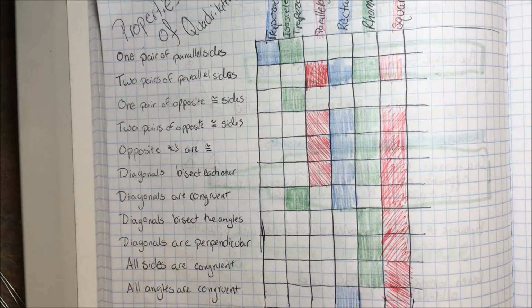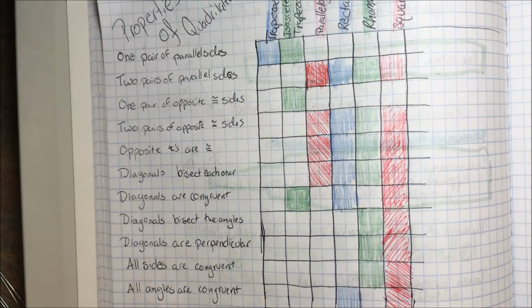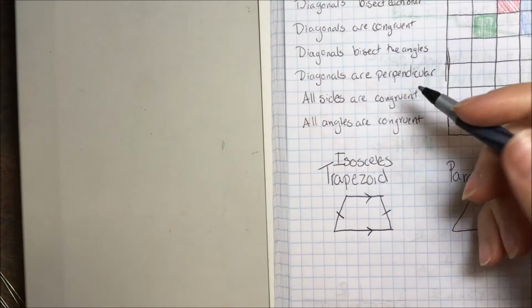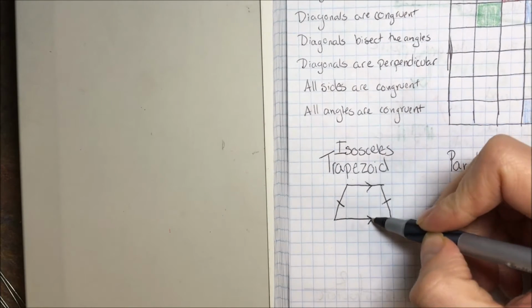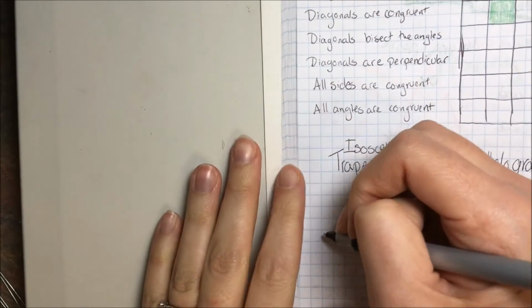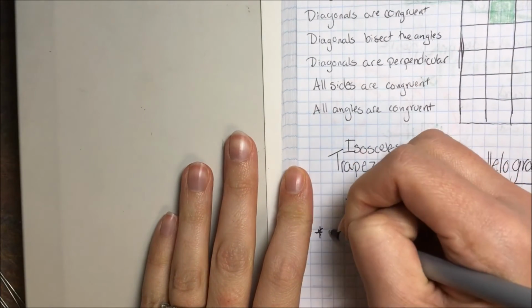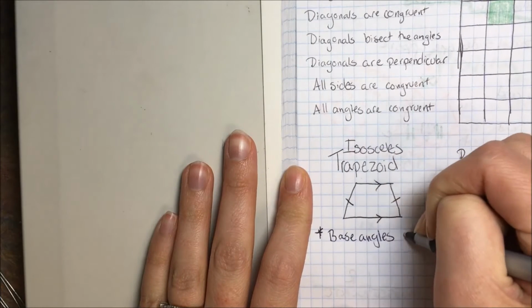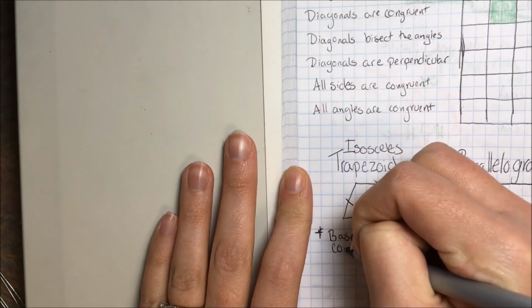Now I want to draw a picture of all these properties so that you guys have them. Okay, so in an isosceles trapezoid, okay, opposite sides are parallel, the opposite legs are congruent, but there's one other property that we should star out here, and that's that base angles are congruent.